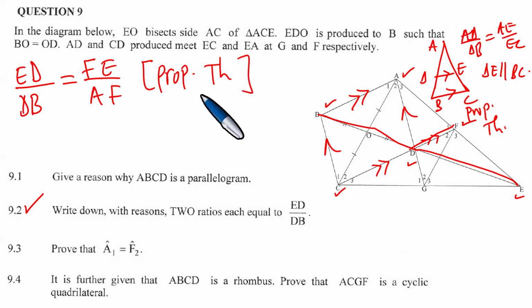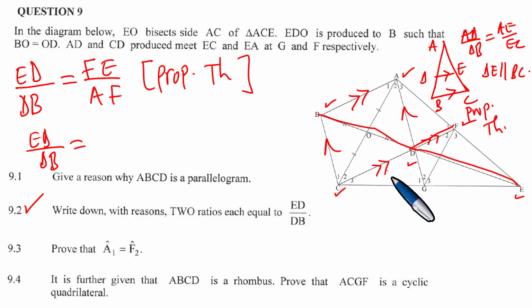So this is what we have. ED over DB can also be equal to what?